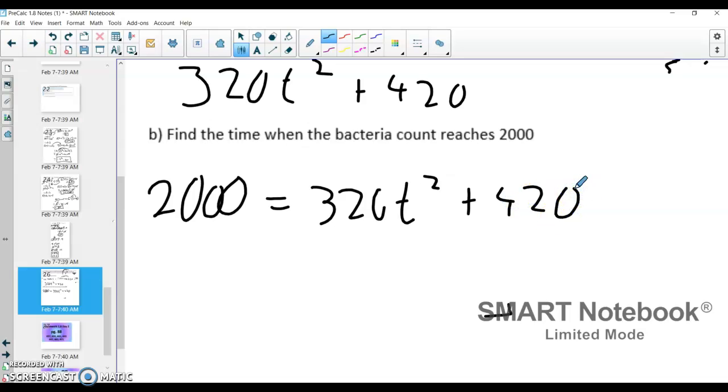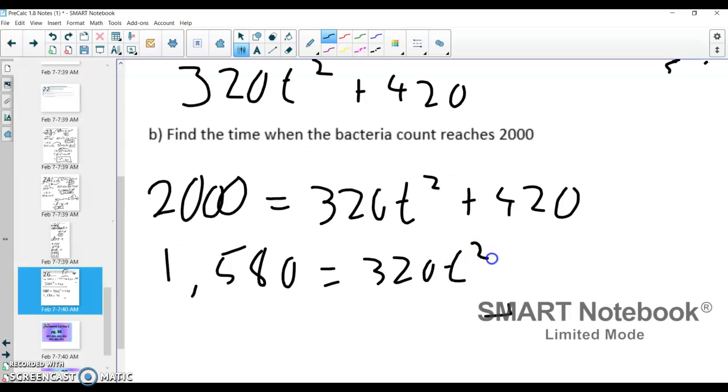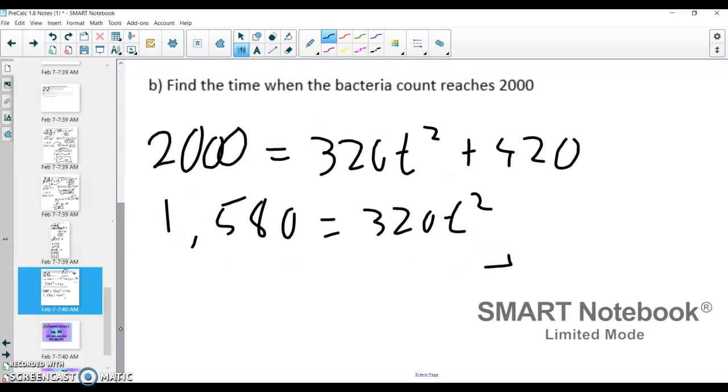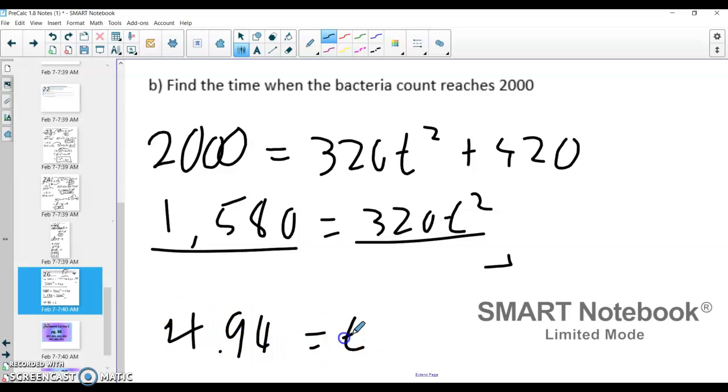First subtracting 420 on both sides, so 2,000 minus 420 gives me 1,580, equaling 320t squared. Dividing both sides by 320, I end up getting 4.94 when I round it, equals t squared.